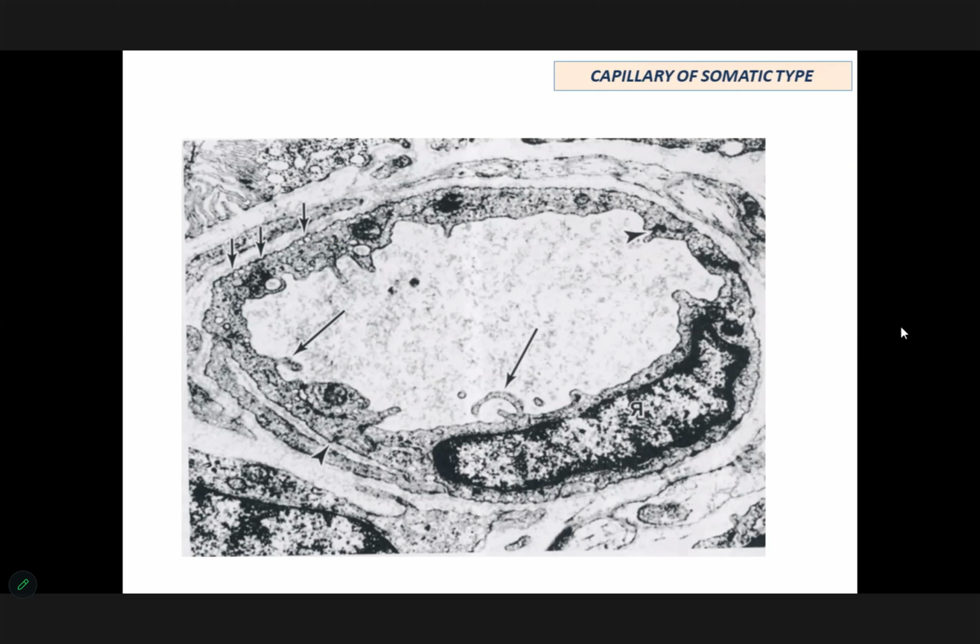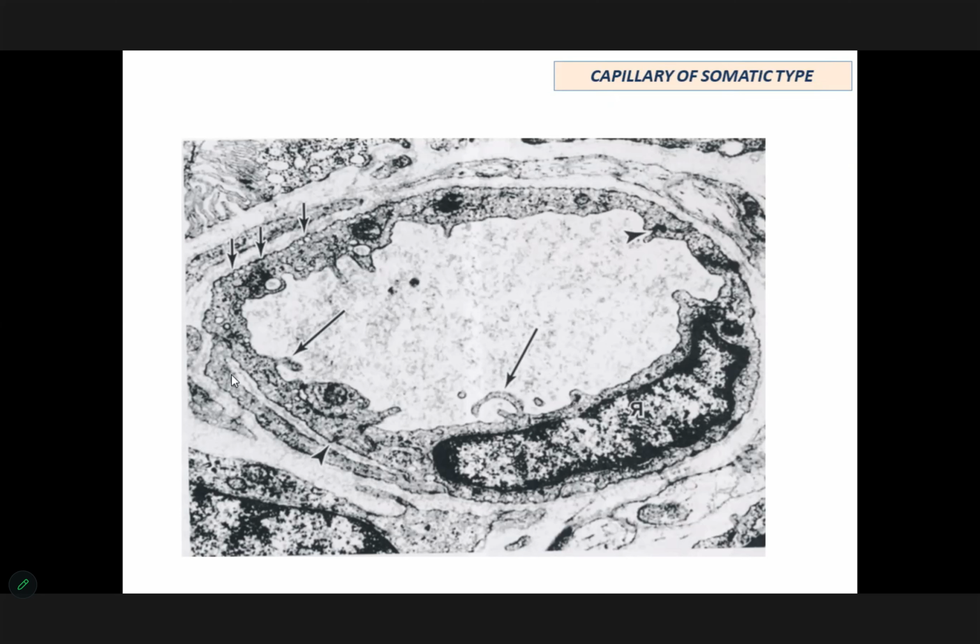So this is the somatic capillary. Why? Because first, it's a small blood vessel, it's not artery or vein, it's a capillary, it is continuous. We can see no holes, no gaps, no pores in its cytoplasm. It has basement membrane that is also continuous with no pores and gaps.